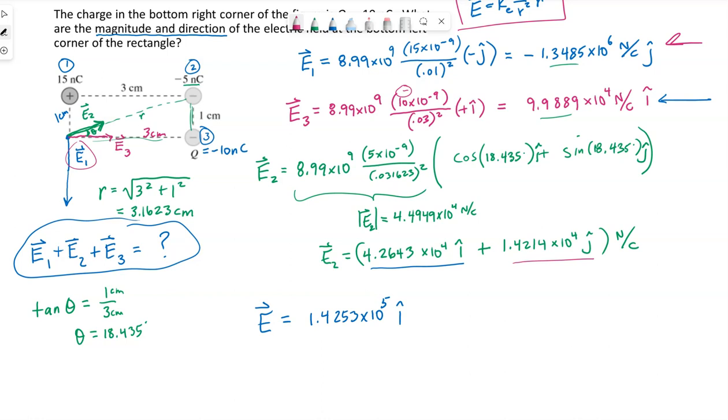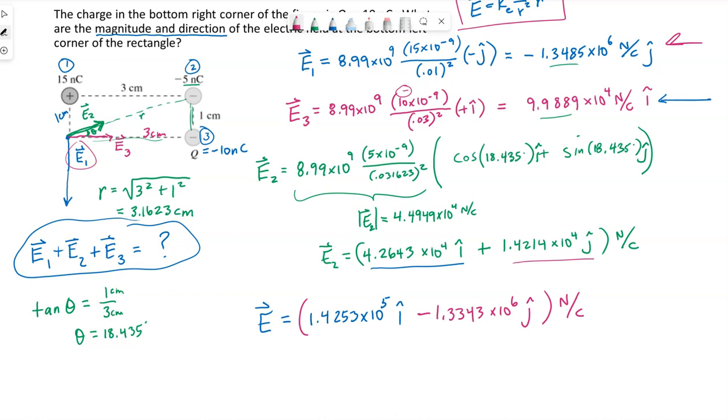So plugging these values in and adding them, I'm getting negative 1.3343 times 10 to the 6th j hat. And again, the negative sign is for the direction. So this would be the electric field in terms of its components, in terms of vector notation.